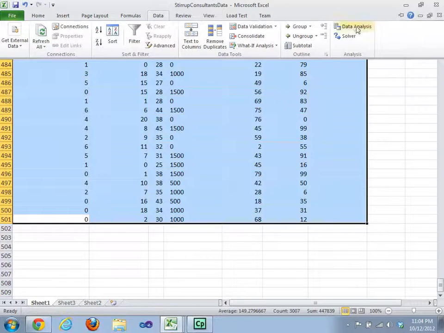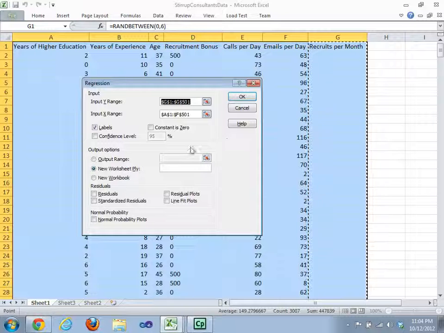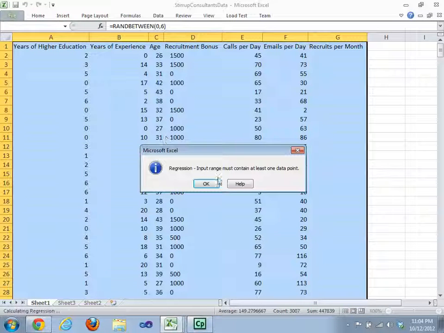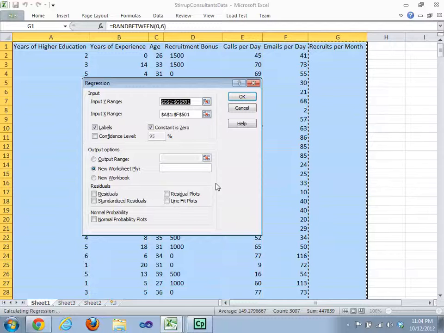So we go to data analysis, regression, and we set constant as 0 and click OK. What is the problem?